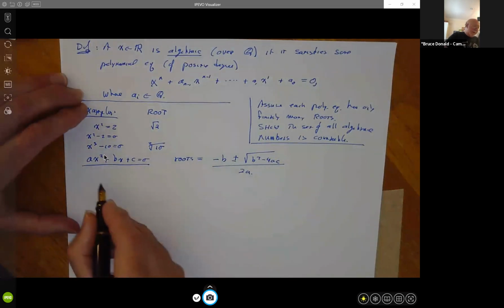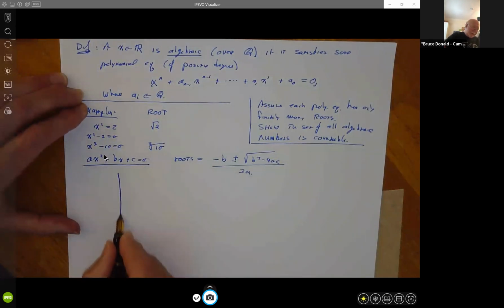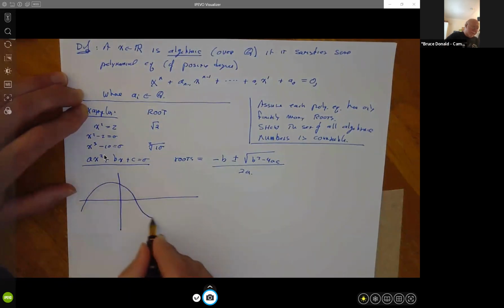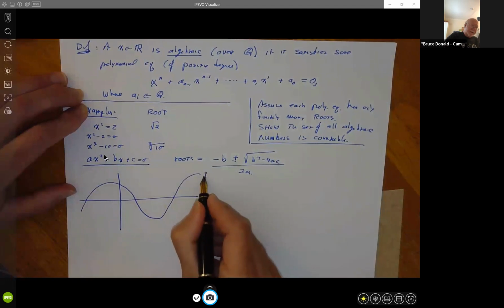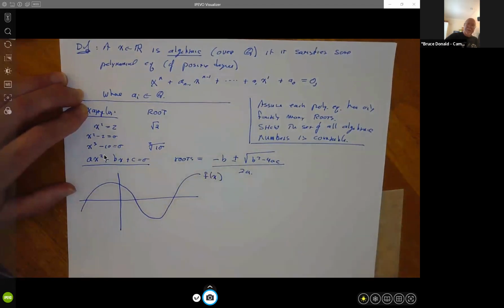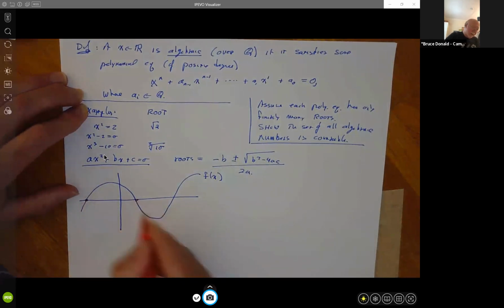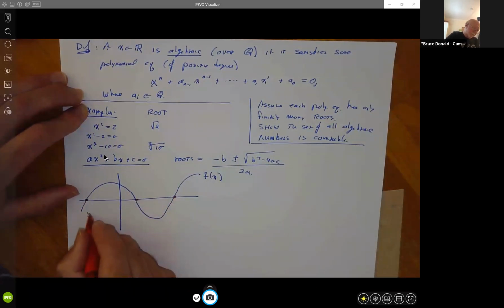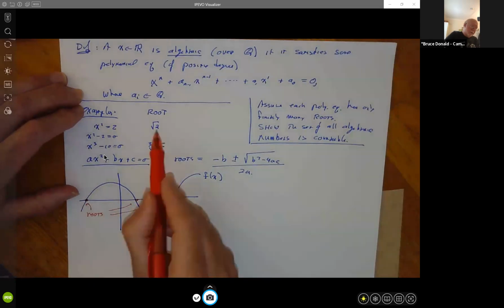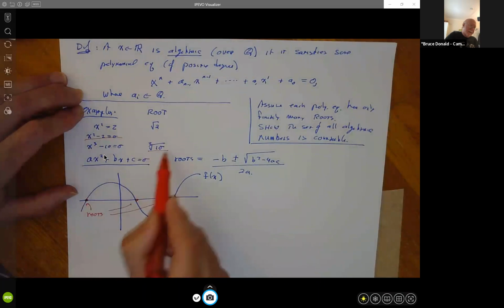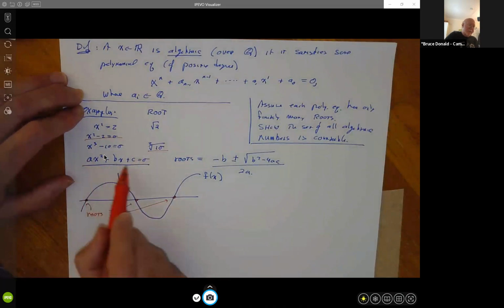And we can think of these graphically. In most cases, our polynomial, if graphed, looks like this. Here's our function f of x. These points here that make the polynomial 0 are called roots. And again, square root of 2 is a root of this polynomial equation. Cube root of 10, general quadratic ax squared plus bx plus c equals 0.